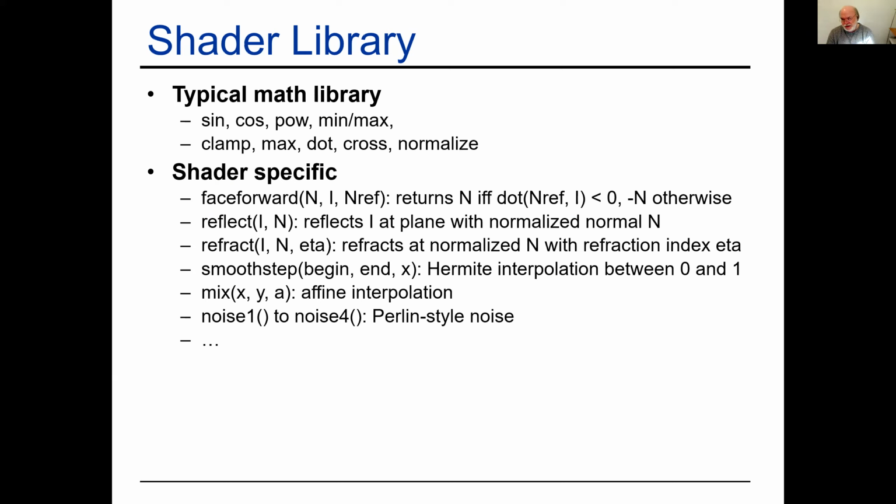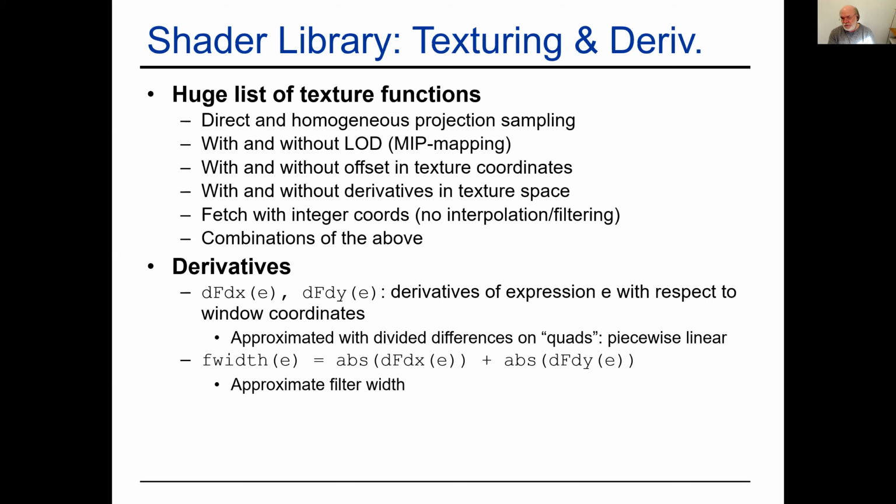Or mix, which interpolates between x and y depending on a variable a here. This is a linear interpolation in this case, so often being used to interpolate between colors or things like that. And there are obviously also noise functions that are built in already.